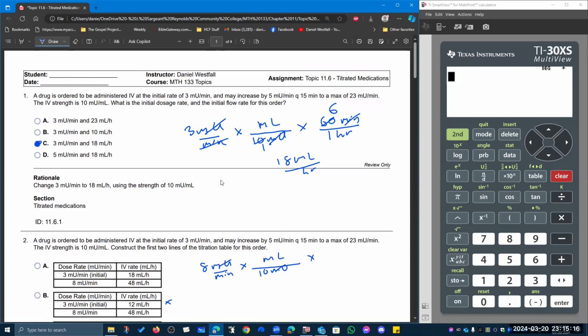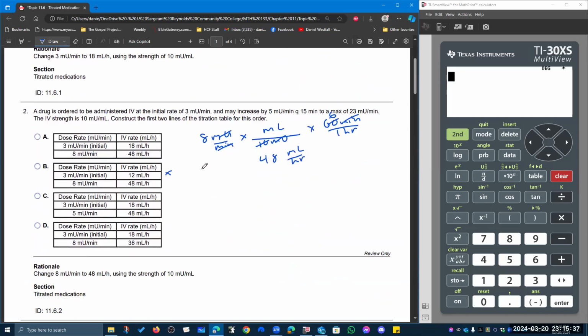And then we're going to multiply by 60 minutes in 1 hour. 10 goes into 60 six times. 8 times 6 is 48 milliliters per hour. And the 8 and 48 is option A.